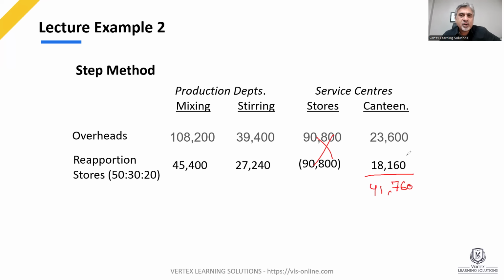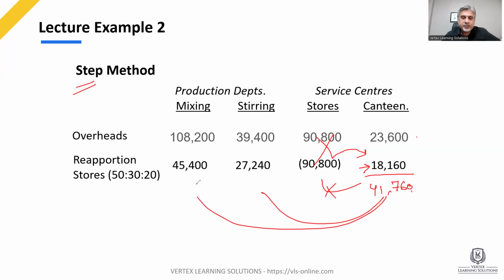So canteen cost went from 23,600 to 41,760 because it took some cost from the stores department. And remember, we are doing the step method. So in step method, this cost was transferred here, we agreed, but canteen will not give back here. Canteen will only divide this one between the other two departments.